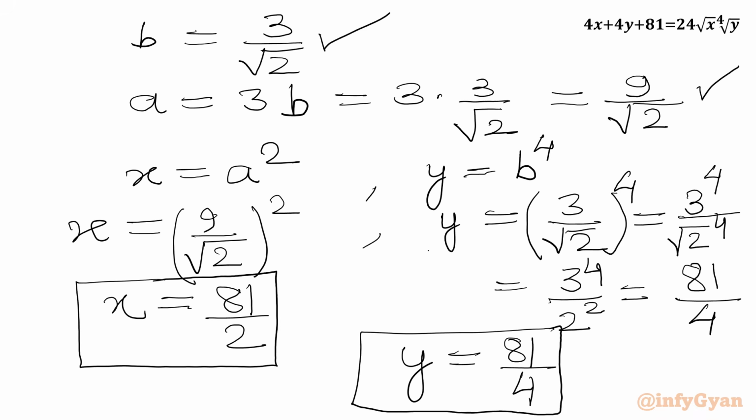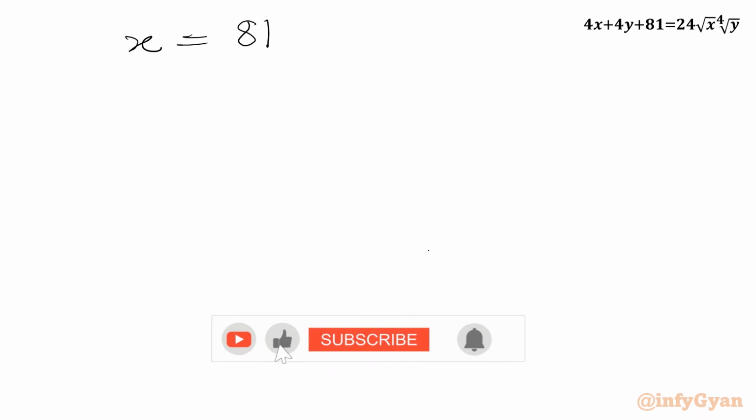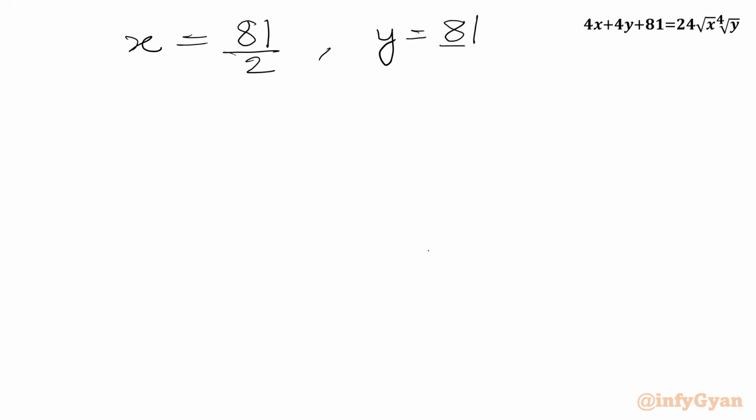Now we have to cross-examine our solution. So I will write here x equal to 81 over 2 and y equal to 81 over 4. The equation is here. Let me write here, check.